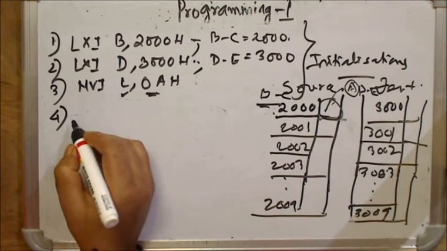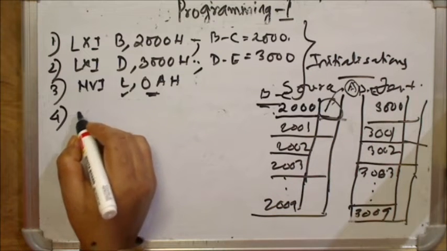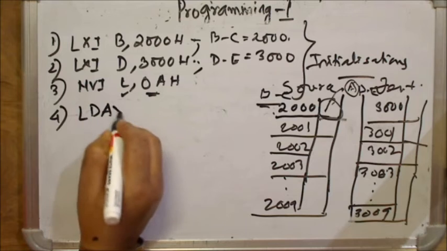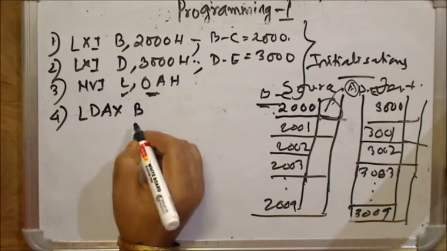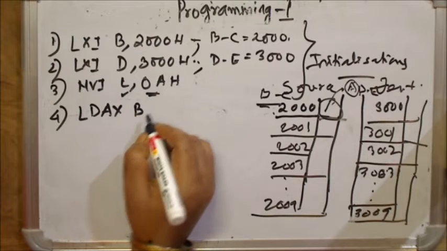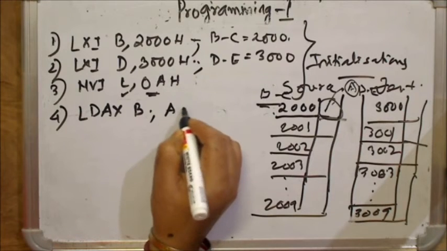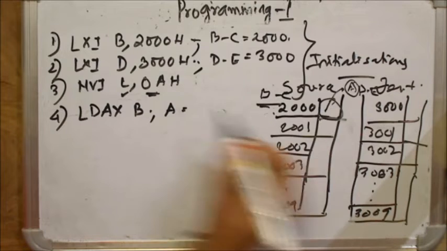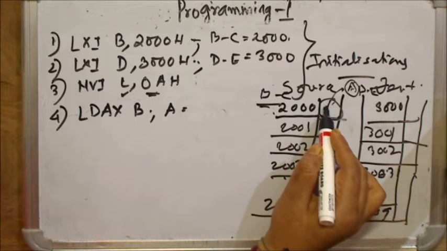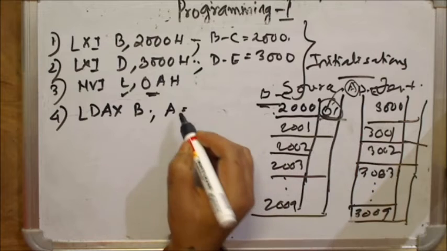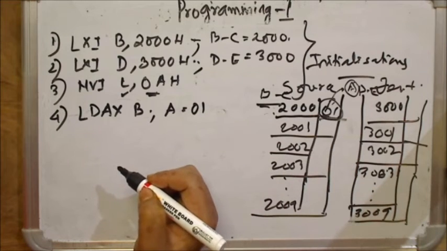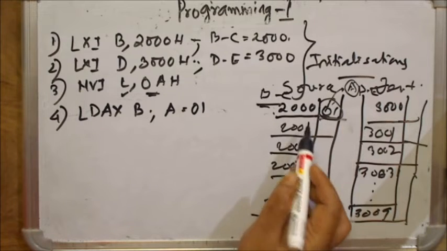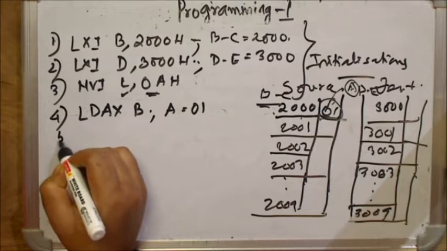Now take the first data pointed by BC pair into A. What is the instruction? Take in your mind LDAX B. Now after writing LDAX B, who gets what? A gets the data from the location pointed by BC pair. Suppose here 01 was stored, so A gets the data 01, right? Now since BC pair is 2000, A gets the data of 2000. Fine.